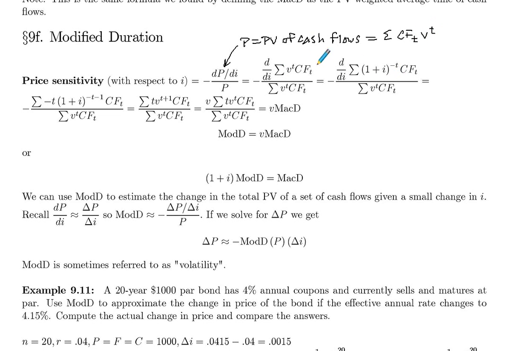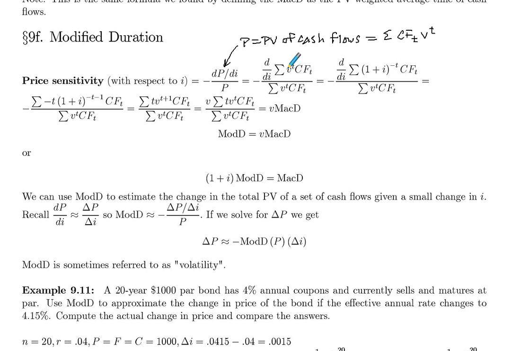So this expression right in here, that's our price. So we're doing the derivative with respect to i of the sum of v to the t cash flow at time t. And then price down here on the bottom is the sum of the present values of the cash flows. And so now this is a derivative with respect to i. Now the cash flows, CF of t, those are just constants. So that's not a problem.